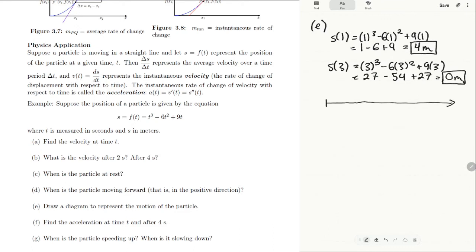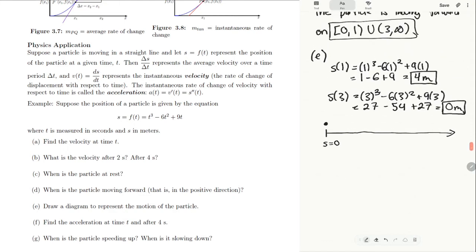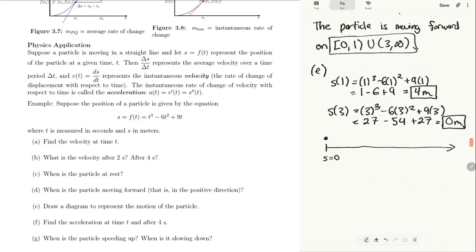So now let's draw a diagram which will represent the position of the particle. So let's suppose the particle starts at the origin, so at position 0. And we'll also use our intervals of when the particle is moving forward.